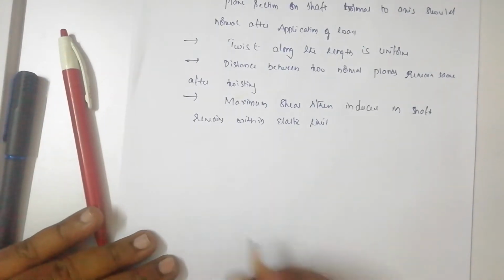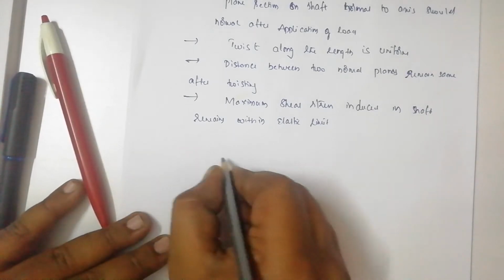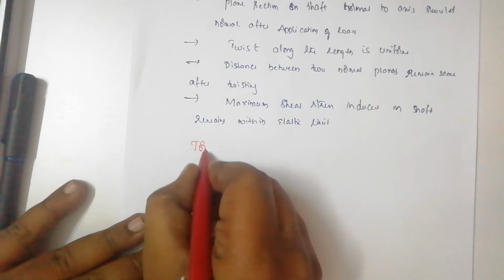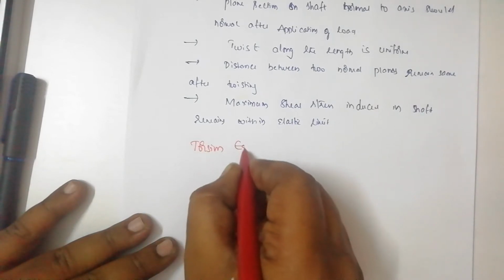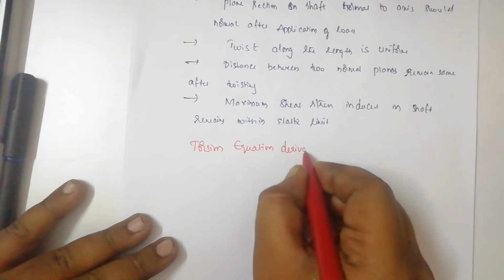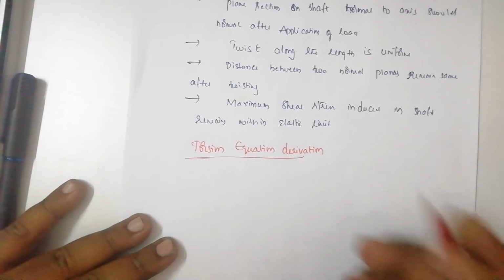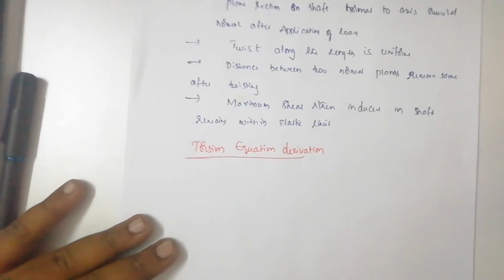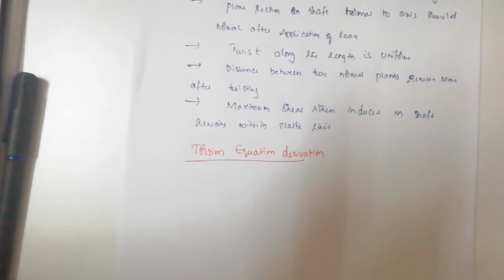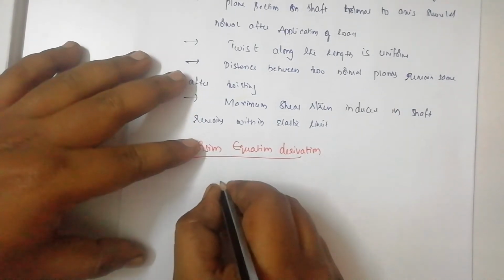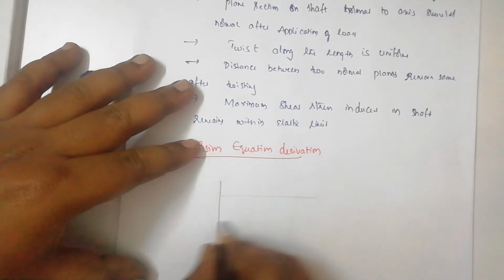Let us see the diagram first. Before getting into the equation, I will write here: torsion derivation. Let us draw the diagram. This is my circular shaft.